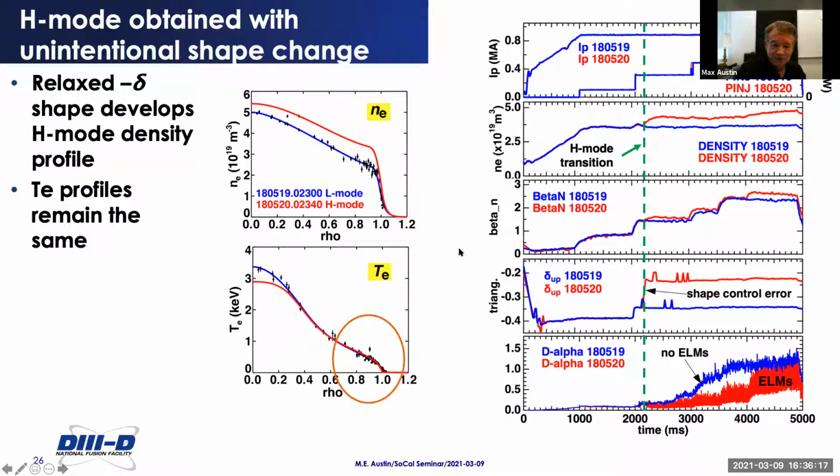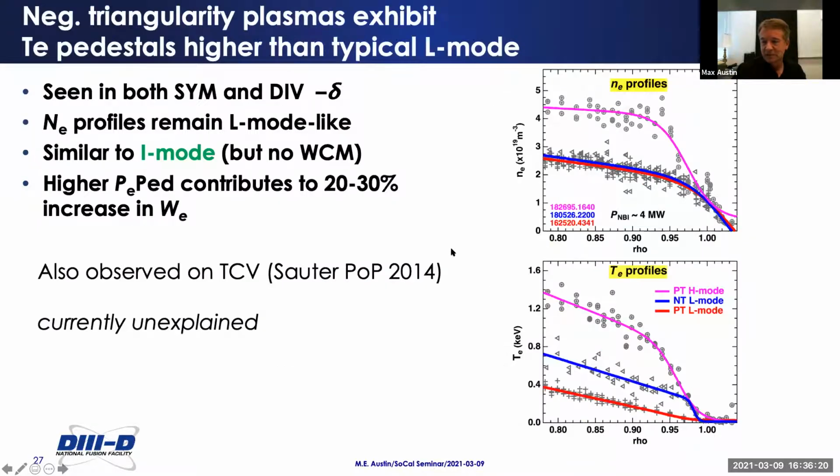So let me digress for a minute. On Tokamaks, the H mode is characterized by these pedestals at the edge, this increased pressure due to the barrier that forms very near the last closed flux surface. Shown here on the right are profiles of density and temperature out in this outer region for typical shots on DIII-D.